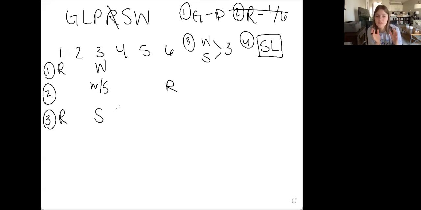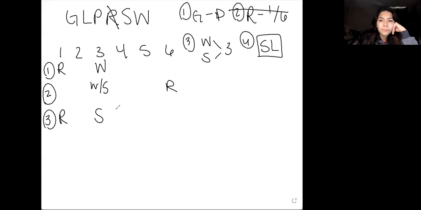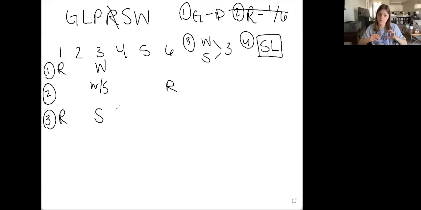Same kind of concept, except we're just going to pick one and the other one becomes our floater. It goes wherever it wants because we don't have to worry about keeping S away from P or W away from G. It doesn't affect any of the other variables. Does that make sense? So that can condense your worlds. Okay, so we'll do that. We'll just leave that there. Don't have to worry about 3 anymore.